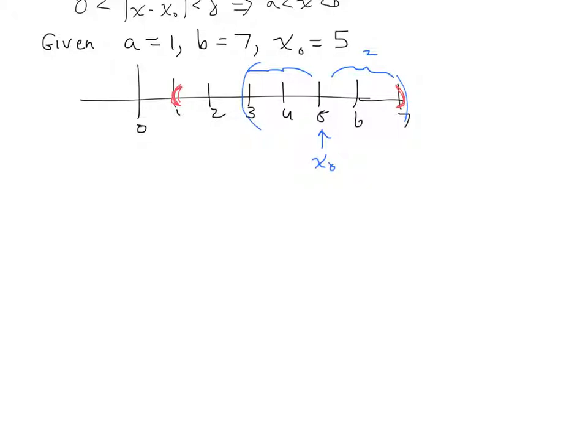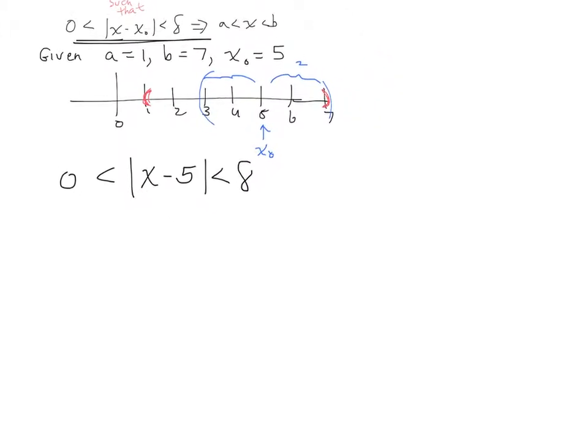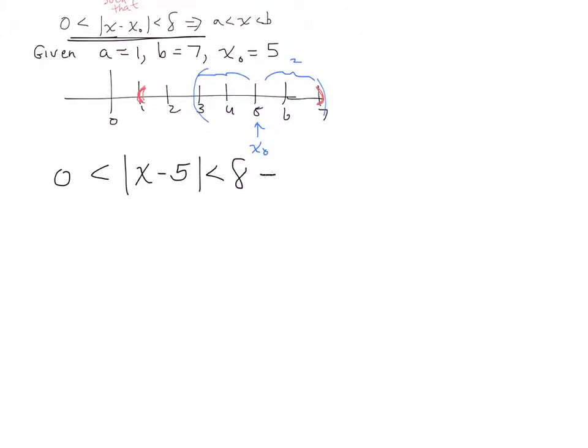So the calculus way says I'm going to use this up here, 0 less than the absolute value of x minus my x naught, which is 5, less than my delta, which is going to imply, remember you do the plus or minus, so minus delta less than x minus 5 less than delta.